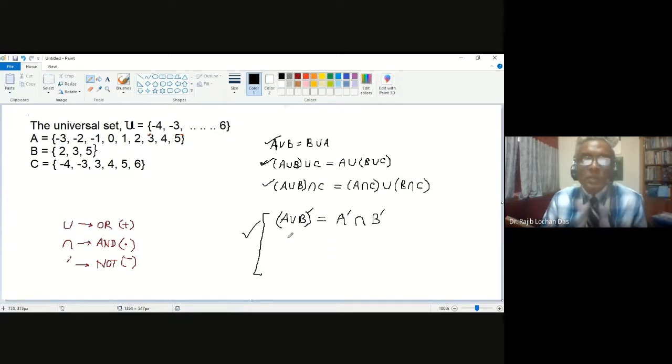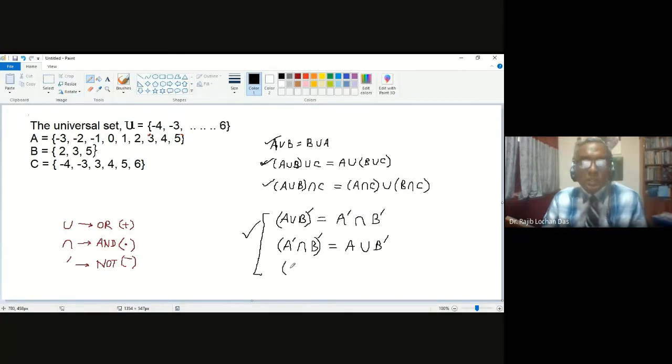Say I'm giving you another example. Say A bar intersection B then whole complement. So it will be only A then union then B complement. I'm giving you another.